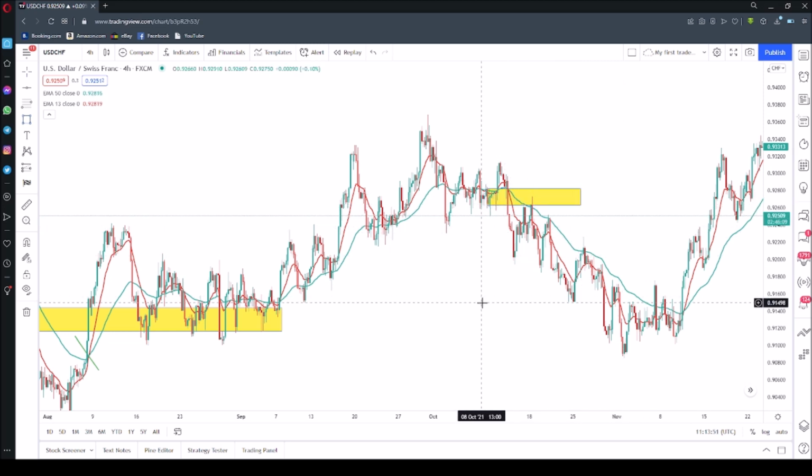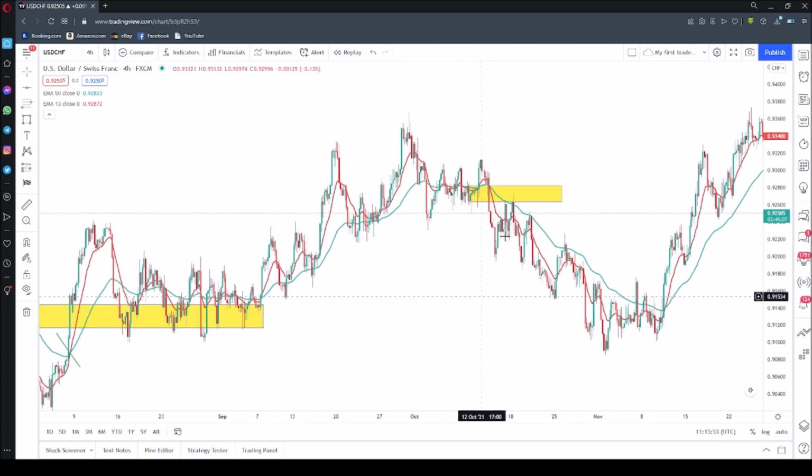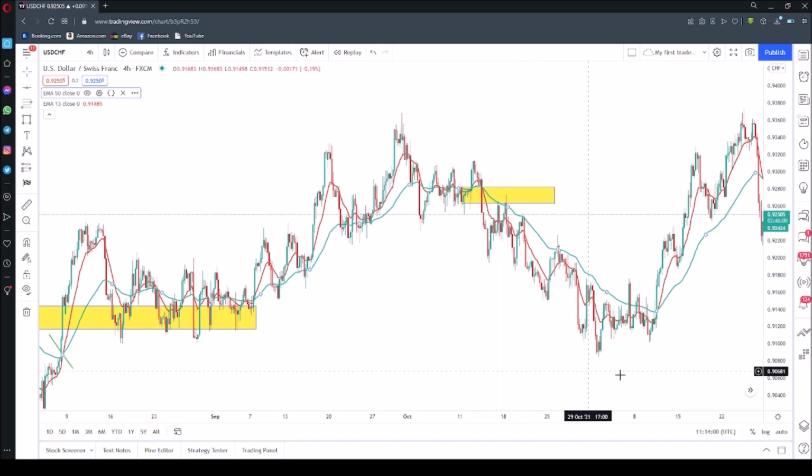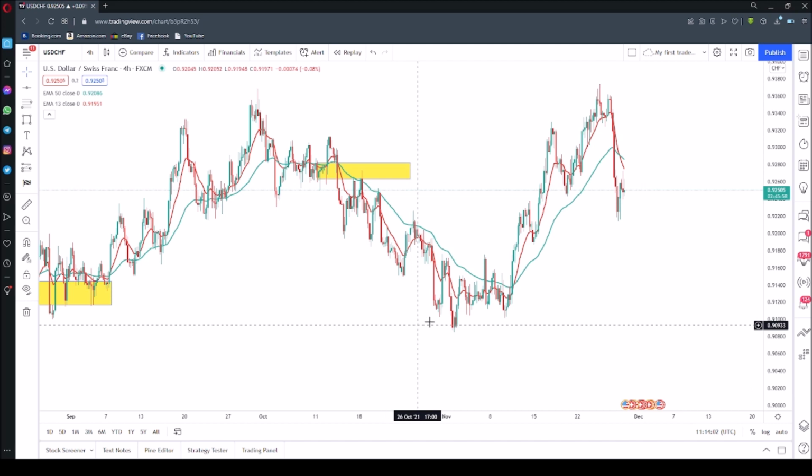So marking this order block would actually give us an entry after the market pinned to the order block at this point, and the market went our way. Then after that, we can see that the market now broke structure at this point.